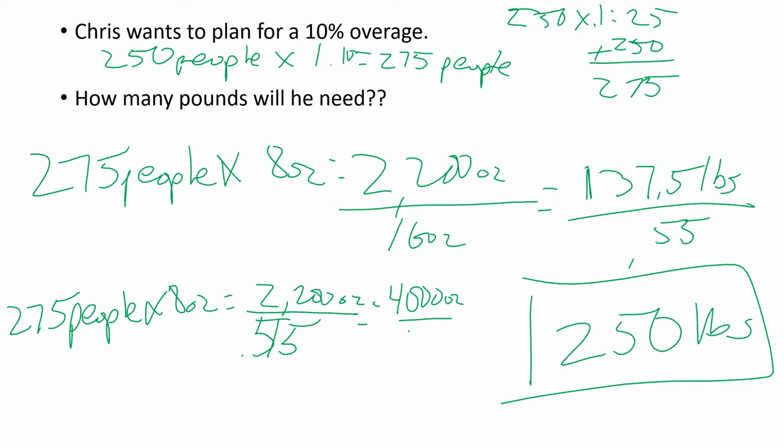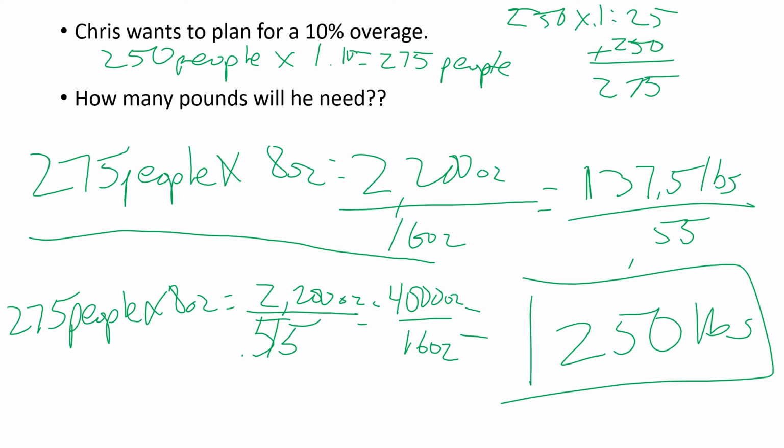And now I divide by 16, it'll give me 250 pounds. Okay? So what you're doing right here is just swapping the last two steps. It's division, so it's interchangeable. The only thing I'm going to say is that whichever method you choose, do those steps consistently. That way you don't make a mistake.